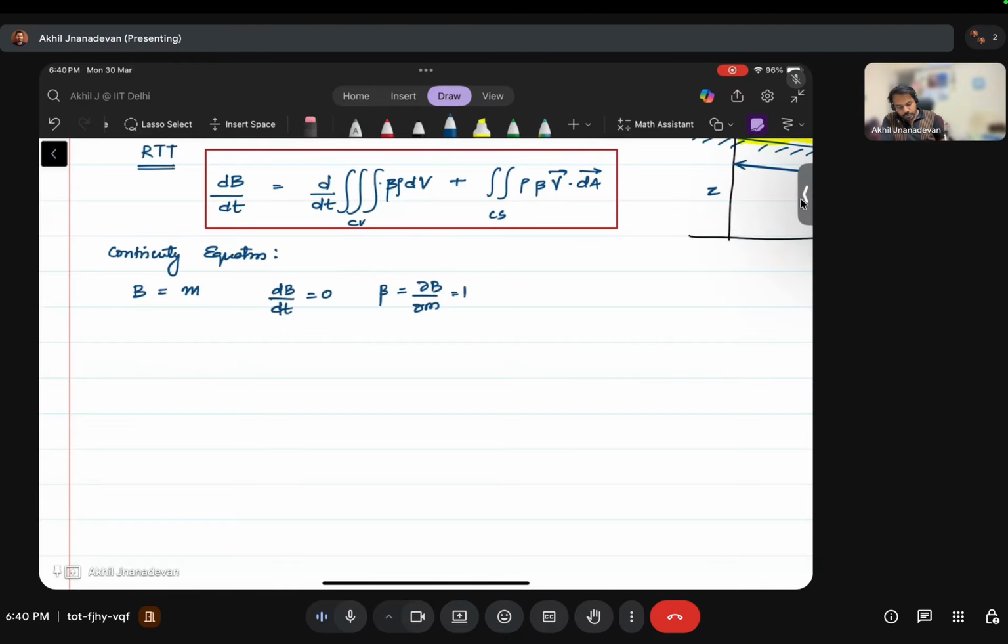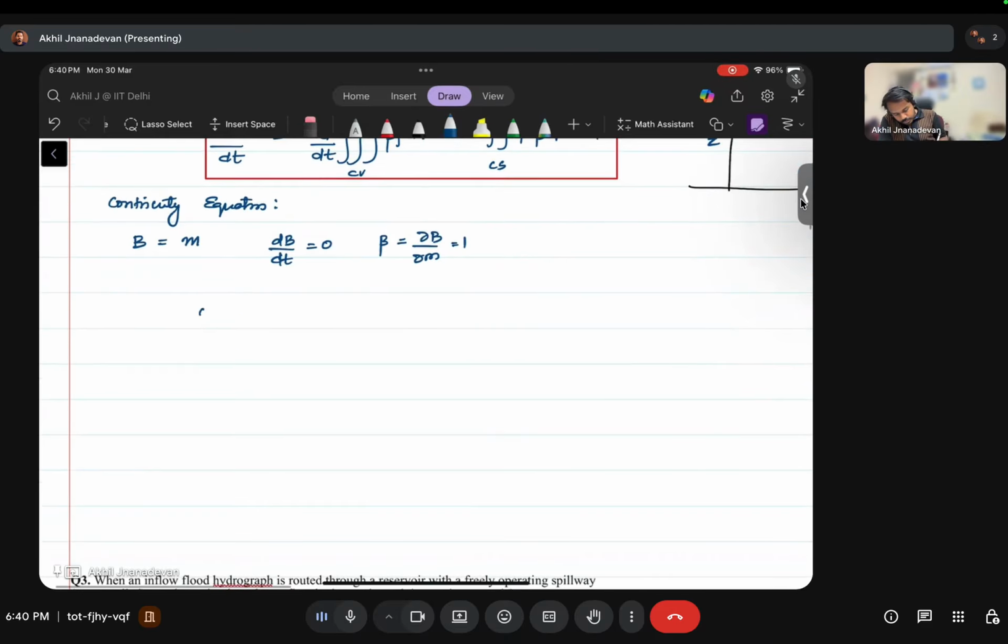This you already know. So we can write 0 equal to d by dt across the control volume of rho dV, plus across the control surface rho V dA. This is the expression we get for the conservation continuity equation, right?